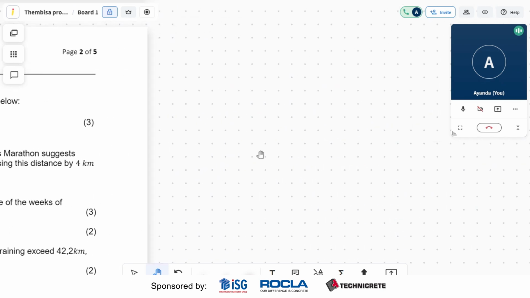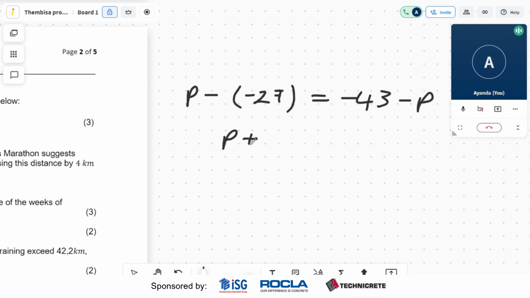So we can create an equation. P minus negative 27 is equal to negative 43 minus p. A negative times a negative is a positive, so p plus 27 is equal to negative 43 minus p.